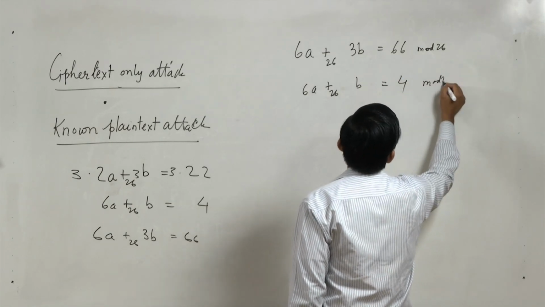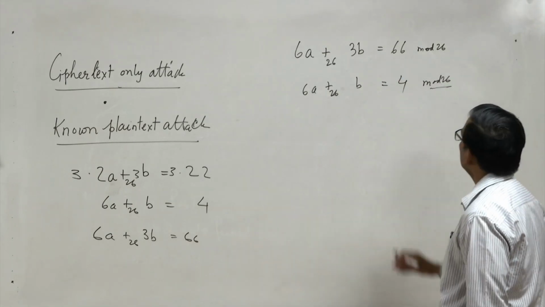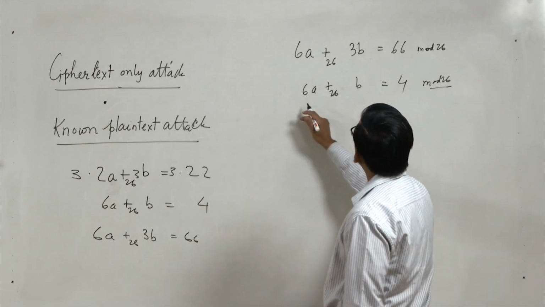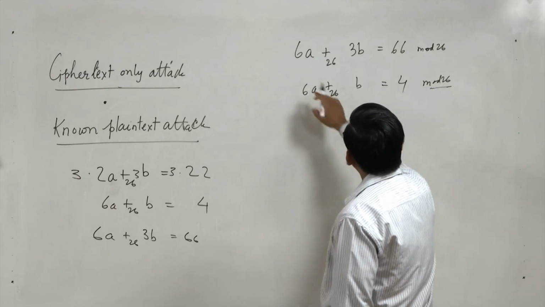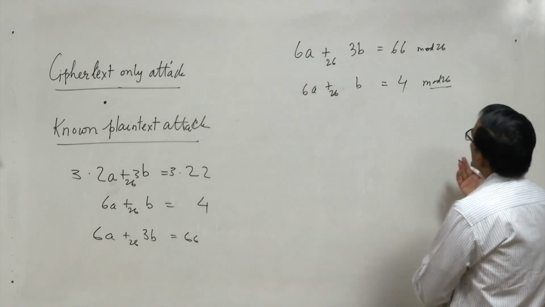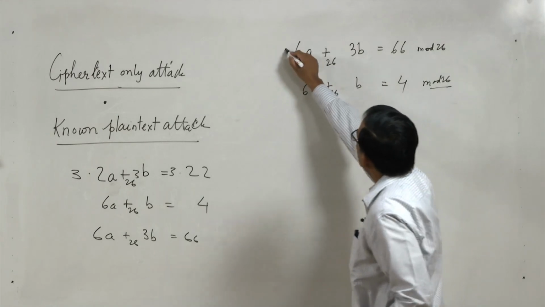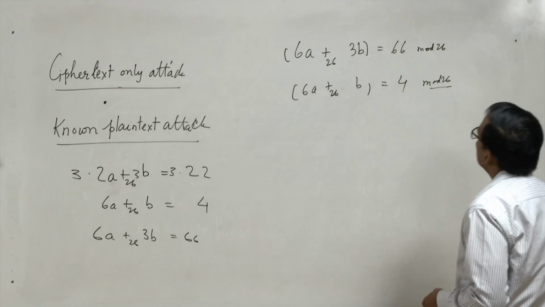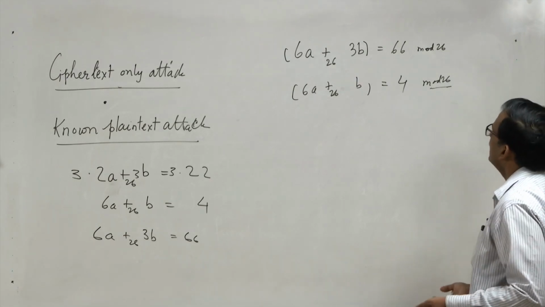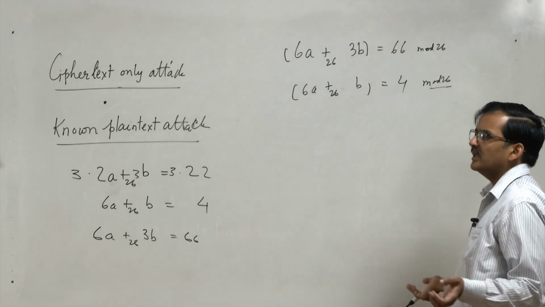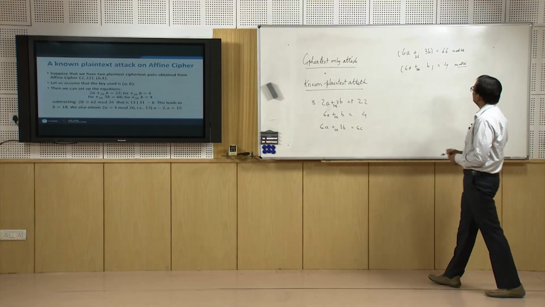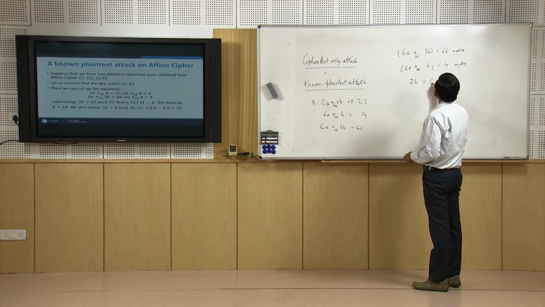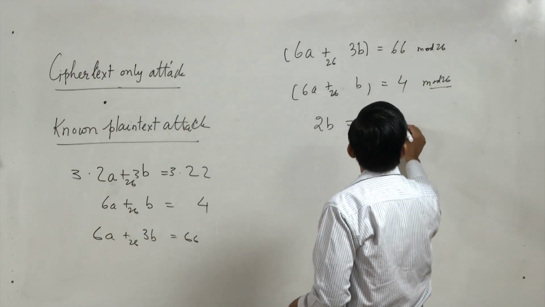I could put mod 26 here as well, I do not have to do that because it is 4 already, and I am allowed to cancel 6A because if I subtract this quantity from the top quantity, then this equivalence relation is going to hold. So therefore, I will get 2 times B equal to 62 mod 26.